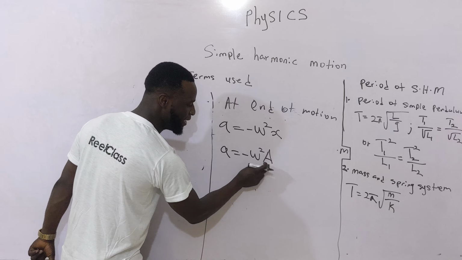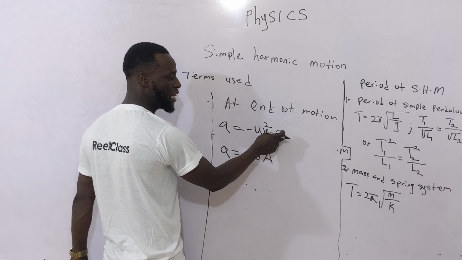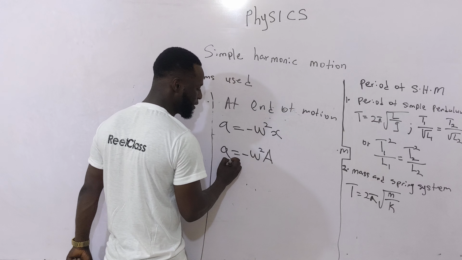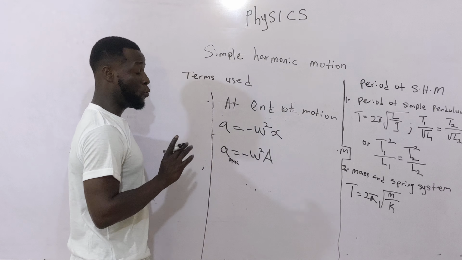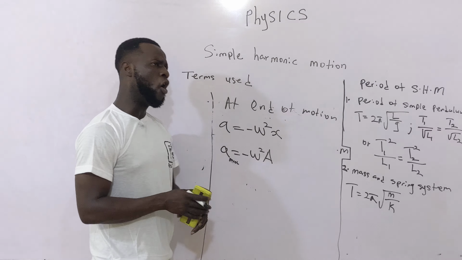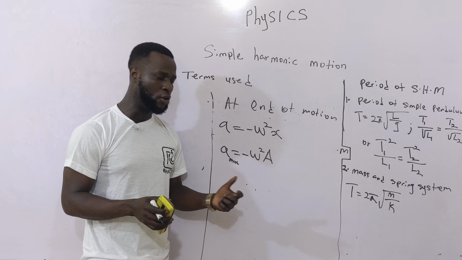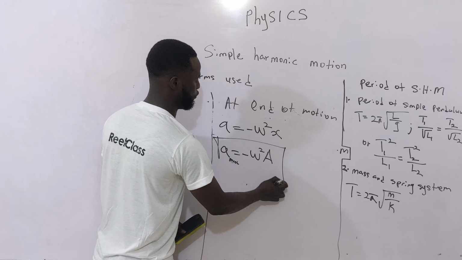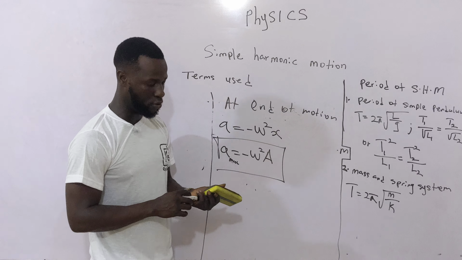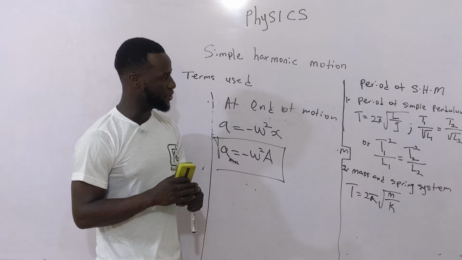At this point, this acceleration here is way larger than this acceleration here. So I will say that acceleration is maximum at the end of motion. So if they ask you what is the formula for maximum acceleration, or what is the acceleration at the end of motion, you know that this is what you are to use, because at the end of motion, acceleration is maximum.